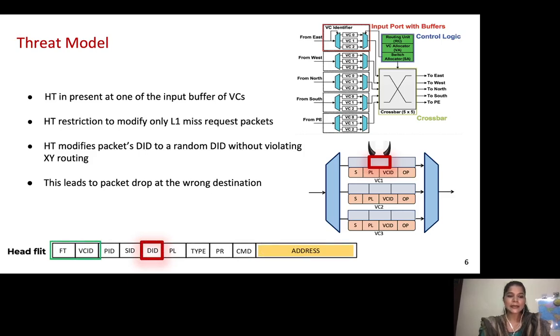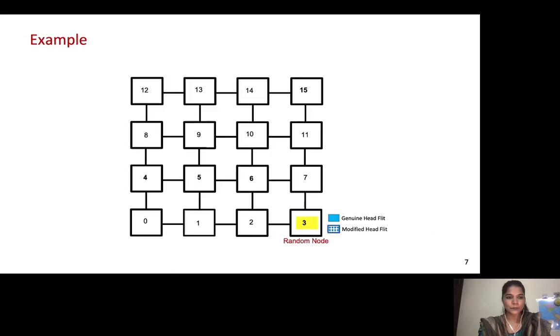For the detailed analysis, our HT is restricted to modifying only L1 miss request packets. When DID gets changed, the packet is received at the wrong destination, and that leads to packet dropping.